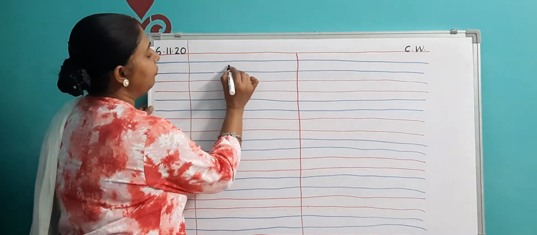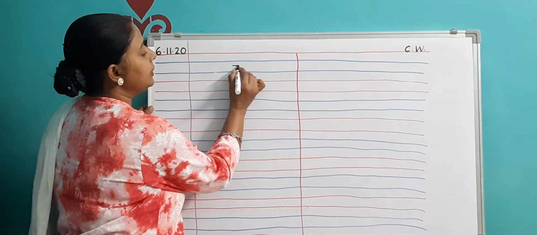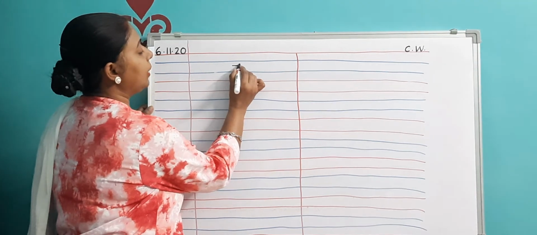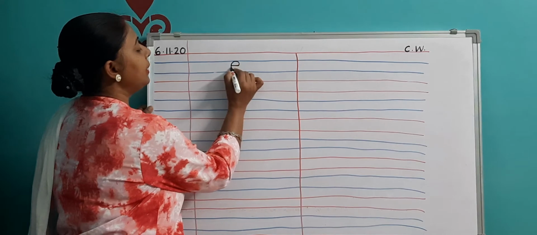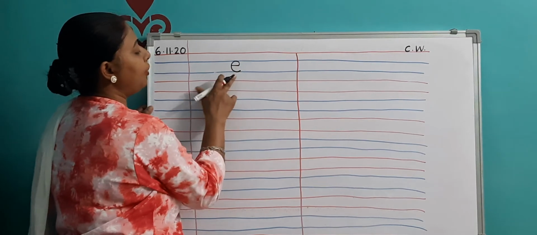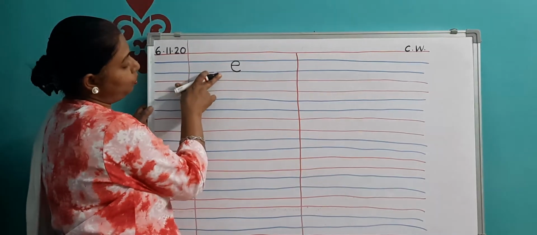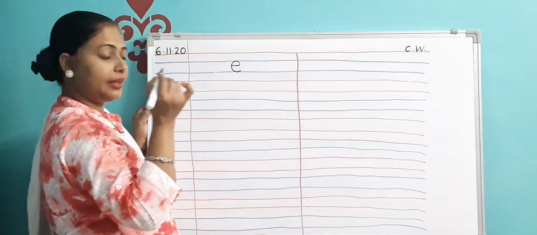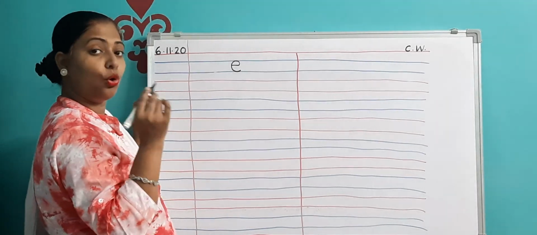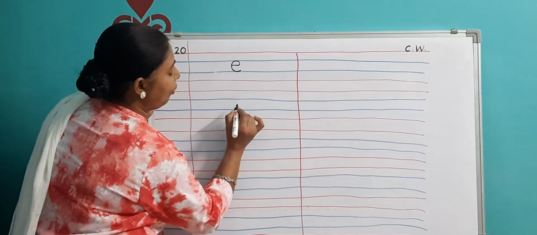Remember small e: from the middle of the second line you draw a small sleeping line, and then you make a semicircle, and your alphabet should not come out. See, within these two blue lines ma'am has written. Very carefully you will write. Hold your pencil properly, and see how ma'am is writing.